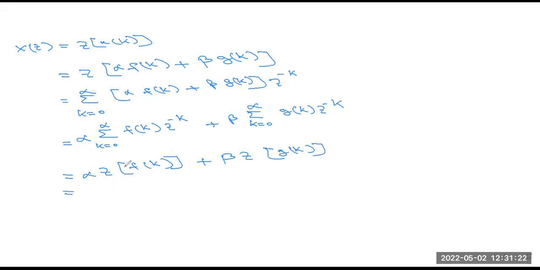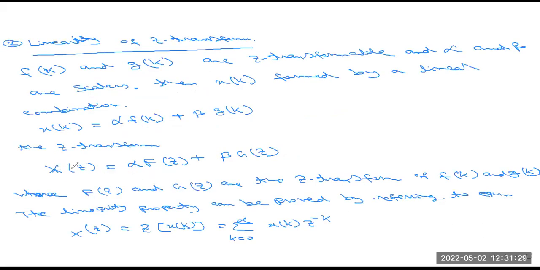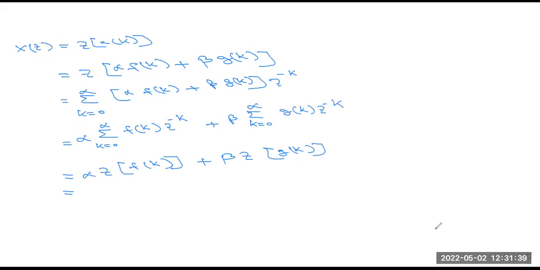Now you know what the Z transform of f of k is. Go to the previous slide and look here: the Z transform of this term is alpha into F of z plus beta into G of z. So you apply this value into this equation and write alpha into F of z plus beta into G of z.